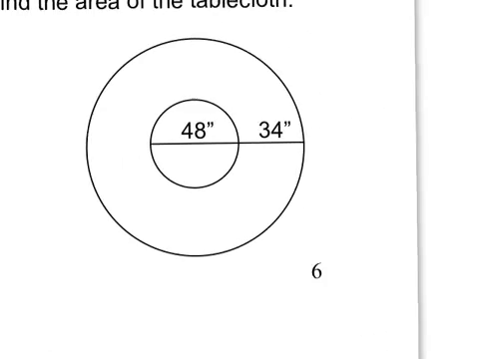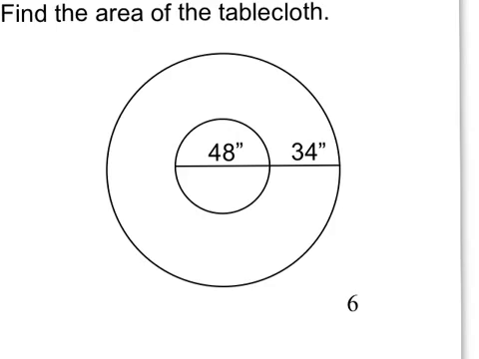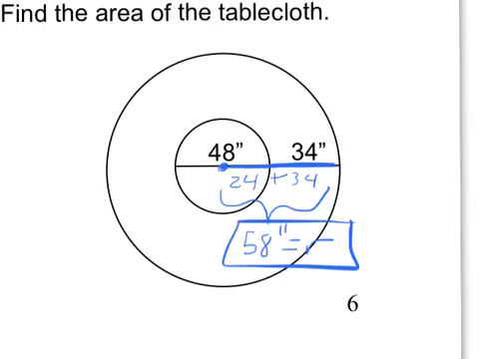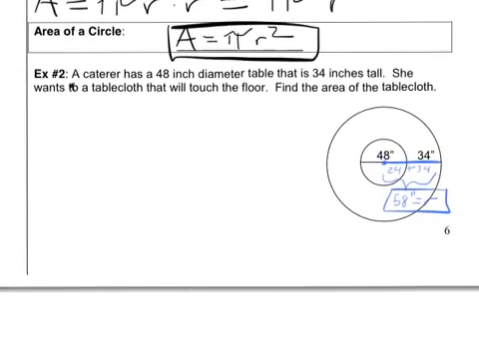But they don't really give us the radius here. They tell us this distance across is 48 and this distance here is 34. The radius would be from the center out. So it would be half of 48, which is 24, plus 34, which is 58 inches. That's my radius.